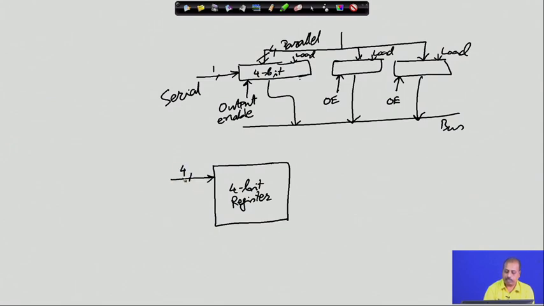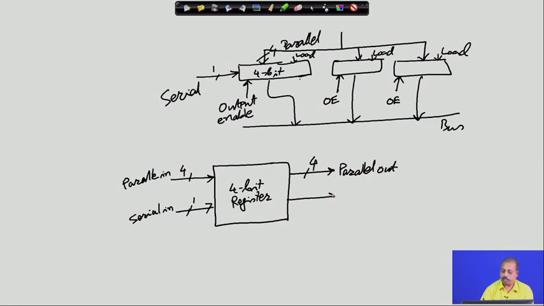So, this is 4 bit parallel data input, or I can have a 1 bit serial input. I can have a 4 bit parallel output, or I can have a single bit serial output.